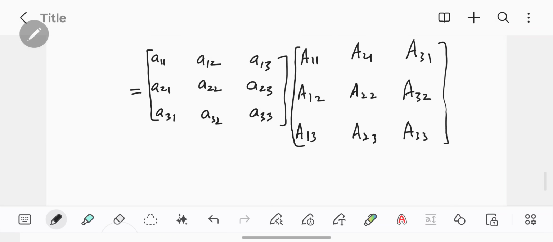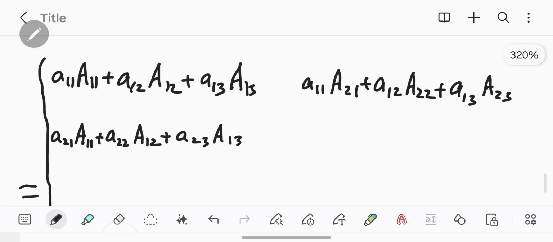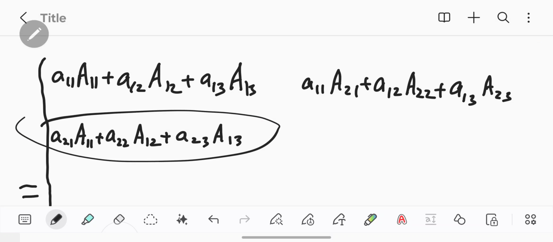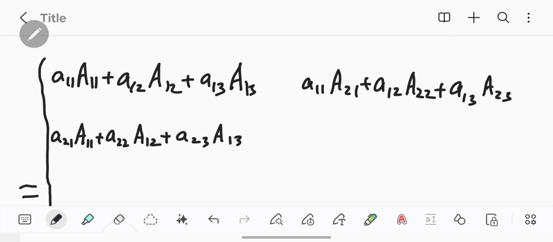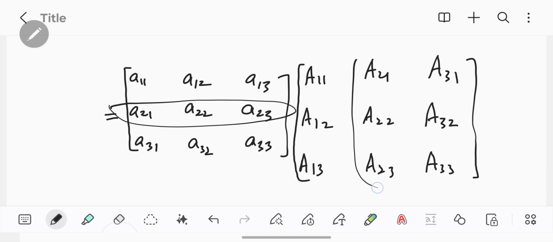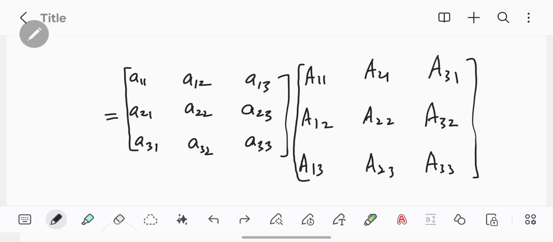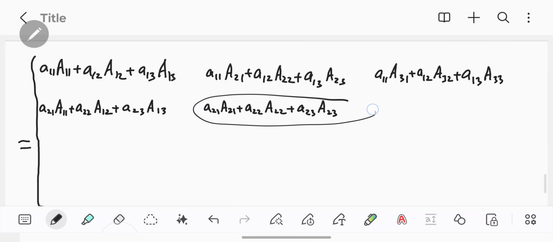Now I will multiply the second row with the first column. So it is A21 A11, A22 A12, A23 A13. I have written this down. Now I will multiply this row with the second column. It is A21 A21, A22 A22, A23 A23. I have written this down.